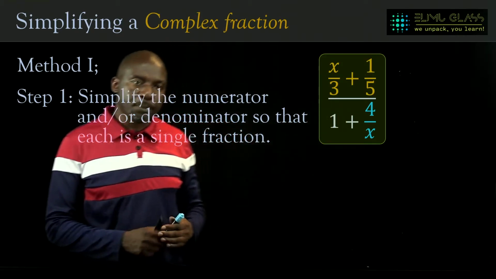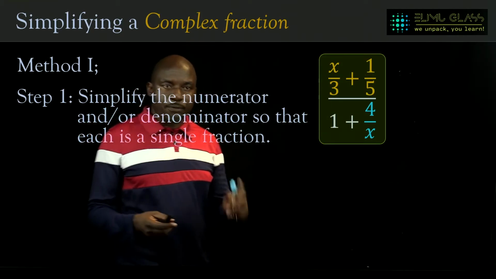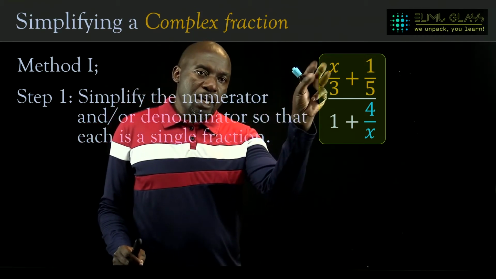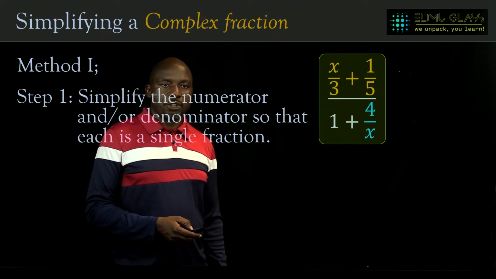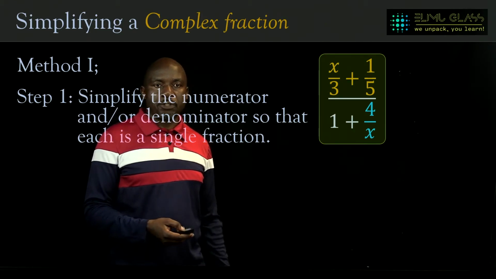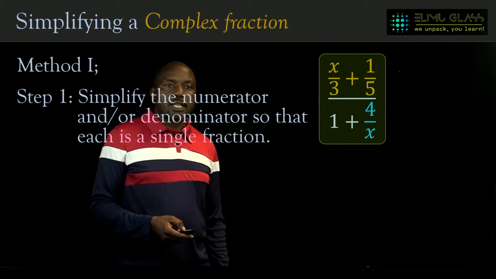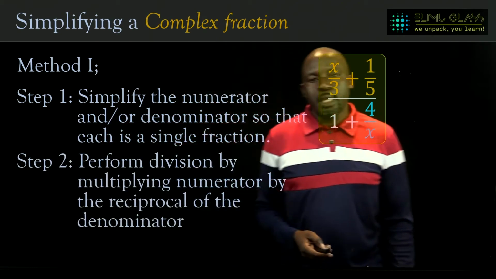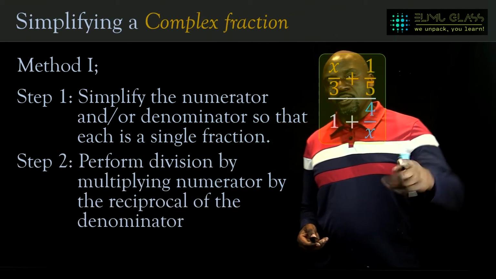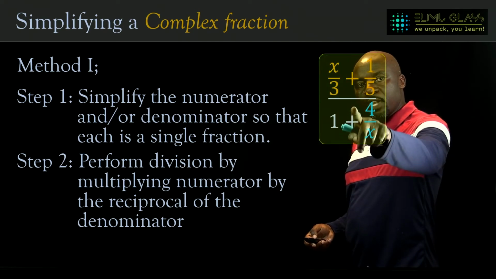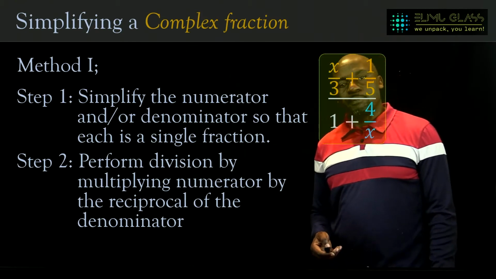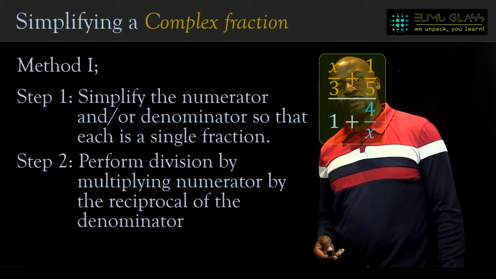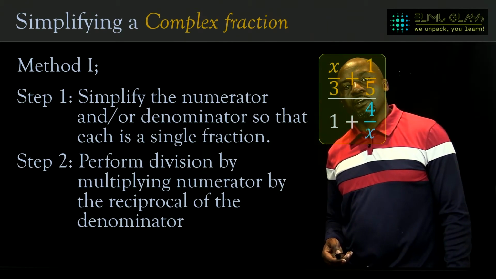Ensure that you have one fraction in the numerator and one fraction in the denominator. We know how to add fractions, so that's not going to be a big deal. The second thing you want to do is flip the denominator. Once you have just one fraction, we are dividing, so you use the method of flipping the denominator and then simplifying. So perform division by multiplying the numerator by the reciprocal of the denominator.